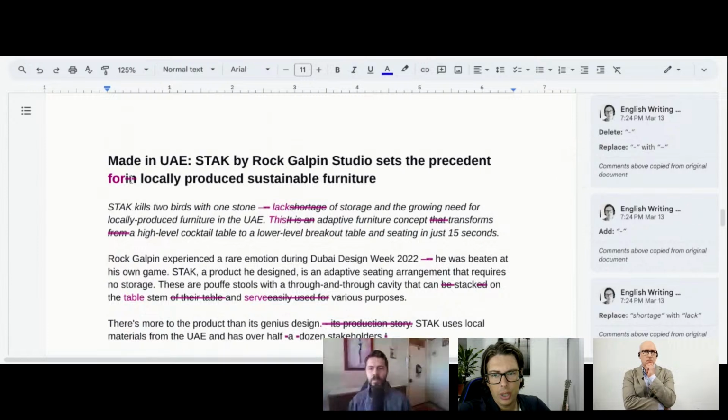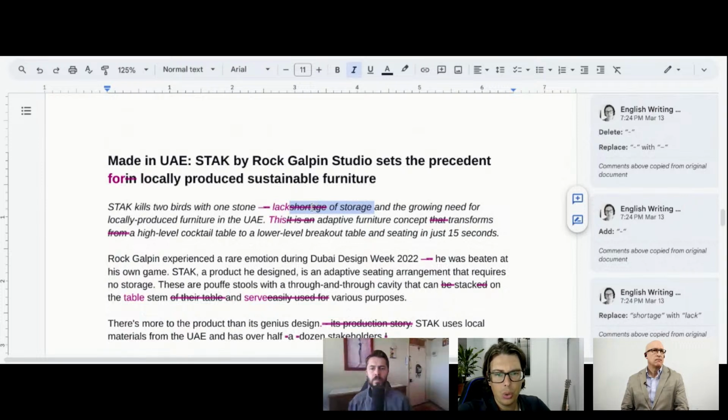So we've got another correction in the headline. "Set the precedent for" is usually the preposition that goes with that. Yeah, shortage of storage. This was an interesting one that I discussed with the writer. This, I would say, is a style choice, because shortage is fine, it has the correct meaning.